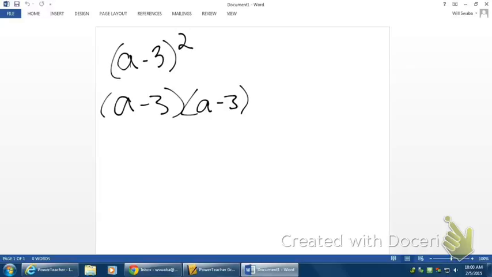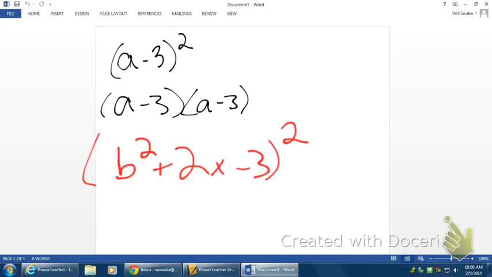I don't believe I need to go over how to multiply this. You could FOIL it or you can distribute it. Does that make sense? Let's say we have something like that. Now that's a trinomial squared.